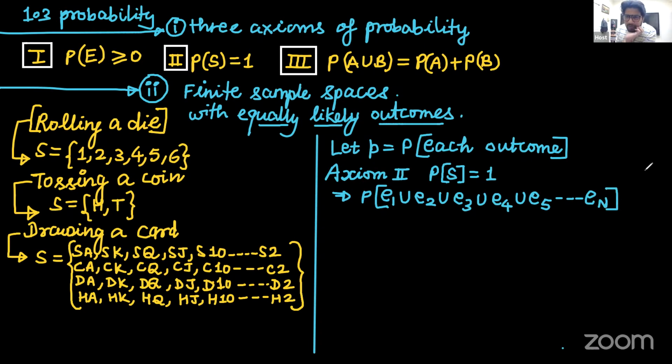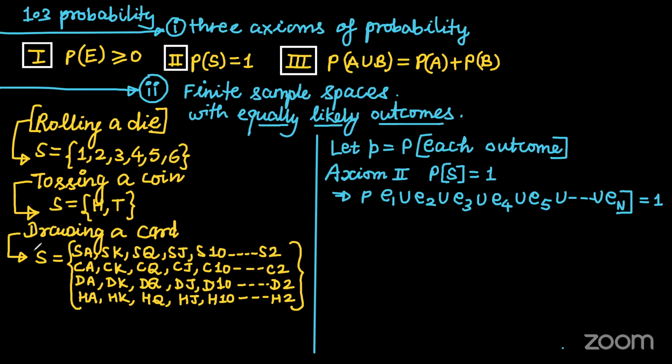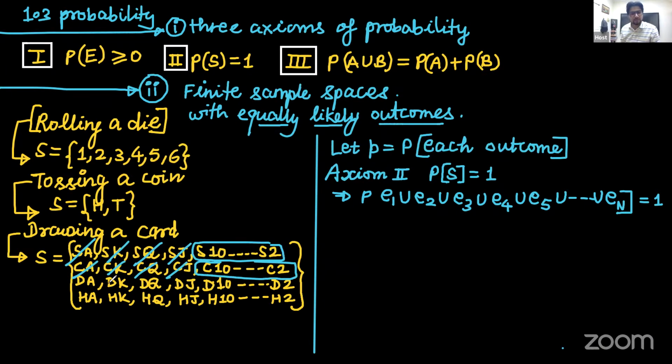How much is the value of capital N in the case of dice? 6. And how much is the value of capital N in the third example? 52. 1, 2, 3, 4, and then 9; 9 plus 4 is 13.